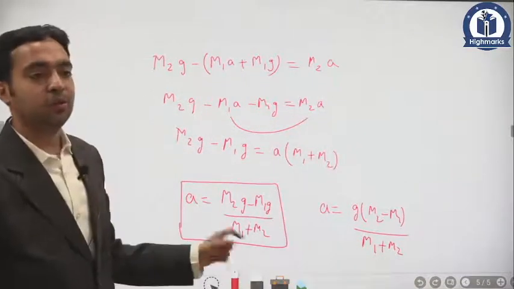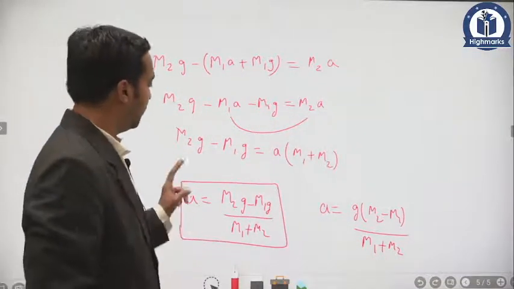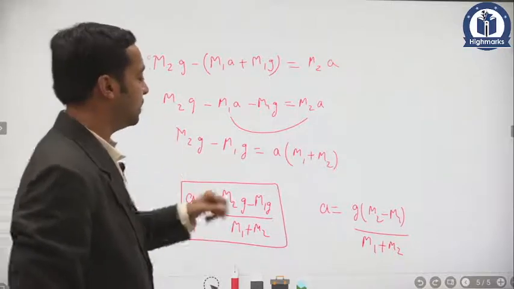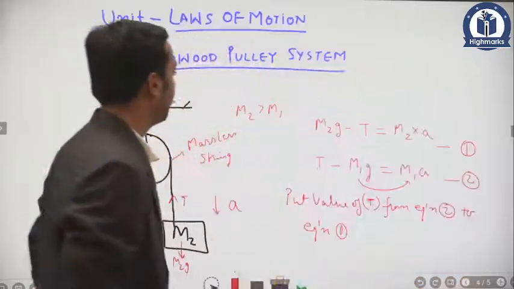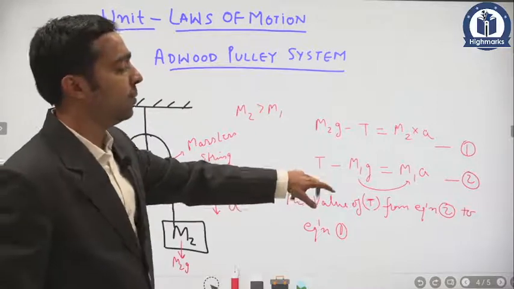The other thing we have to find in this system is the value of the tension. So we know that, take any equation 1 or 2 and put the value of acceleration.